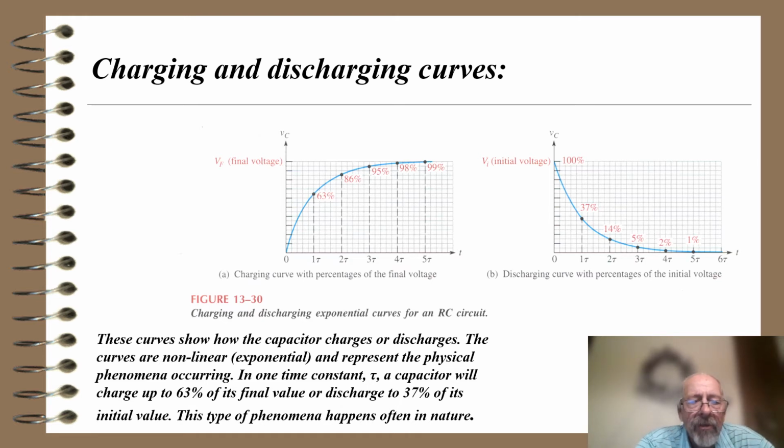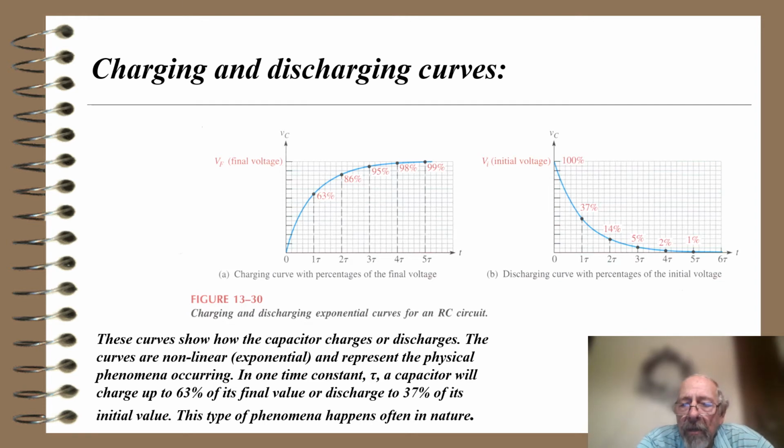So again, these curves show how the capacitor charges or discharges. The curves are nonlinear, actually exponential in shape, and they represent the physical phenomena occurring. In one time constant tau, a capacitor will charge up to 63% of its final value or discharge to 37% of its initial value. And again, this type of phenomenon happens often in nature.